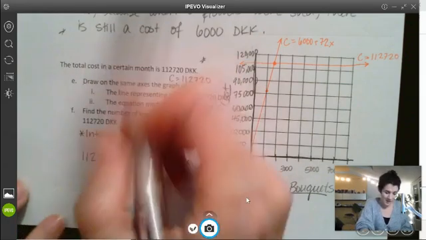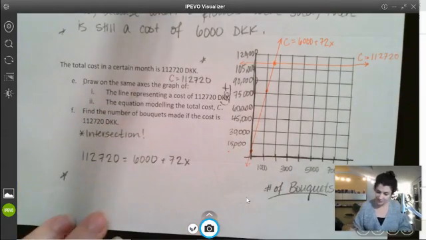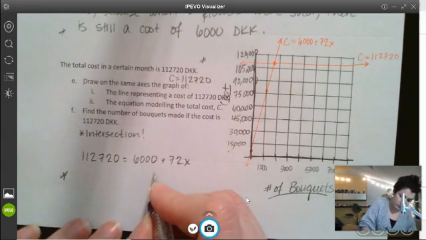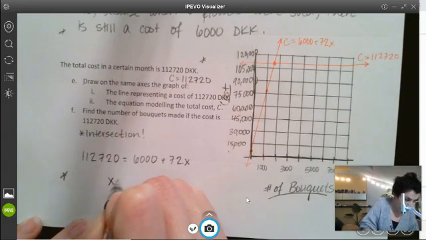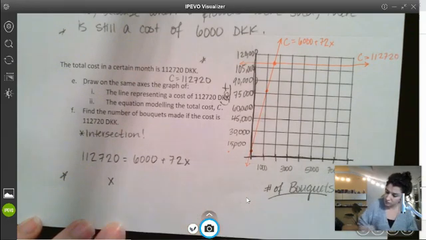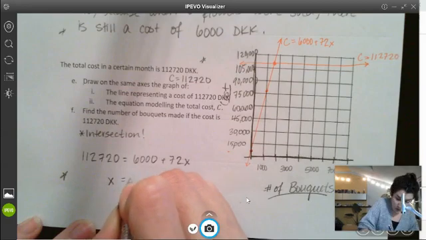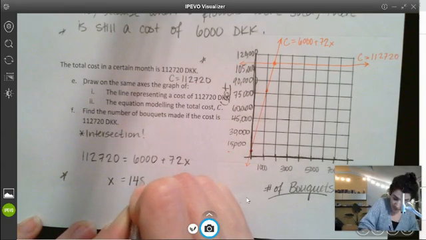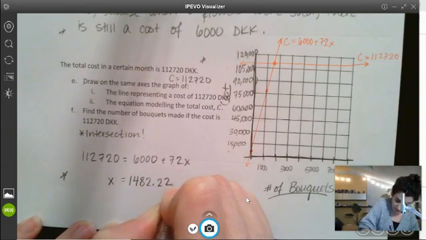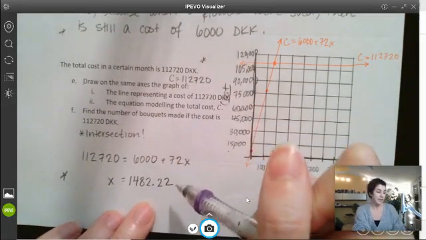Go ahead and tell me what the answer is on your own. So we should get a decimal that looks like this.